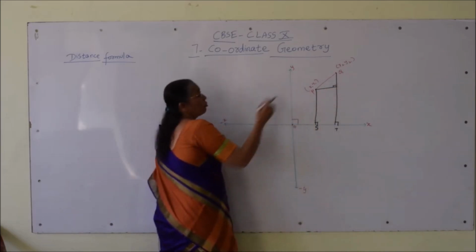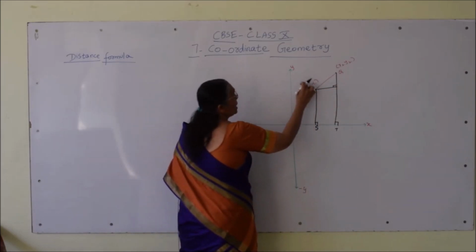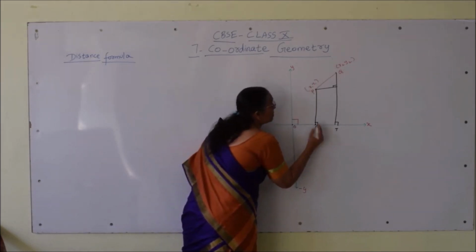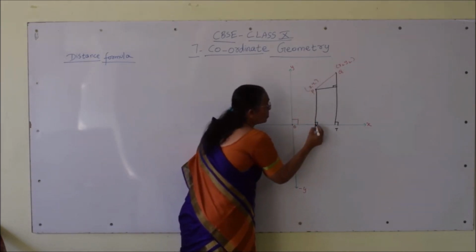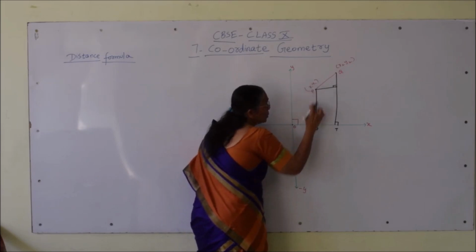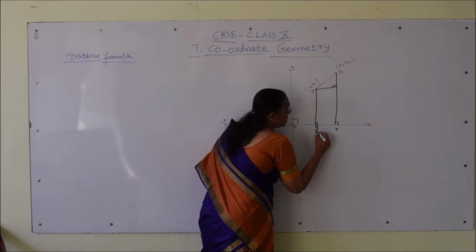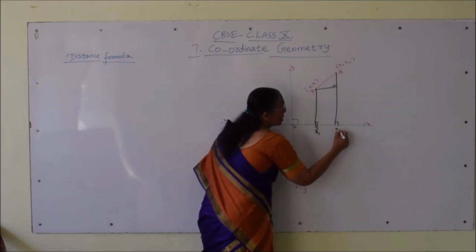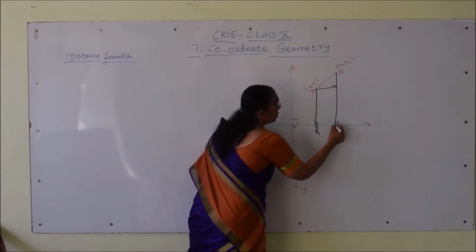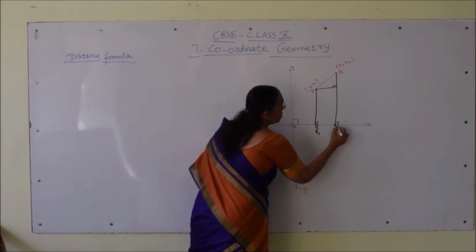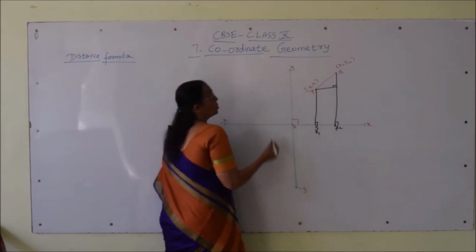Now we know very well, if the point P is x1, y1, then the point S is x1, 0. So this x1 is here, and here this is x2, at the point T, it is x2 comma 0. So its x coordinate is x2.